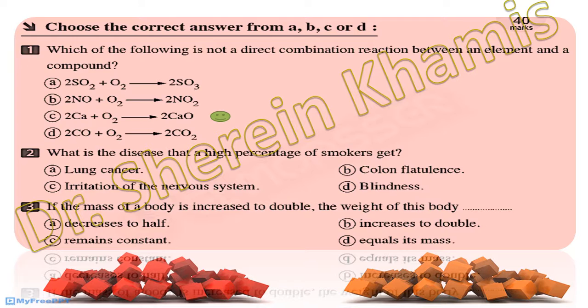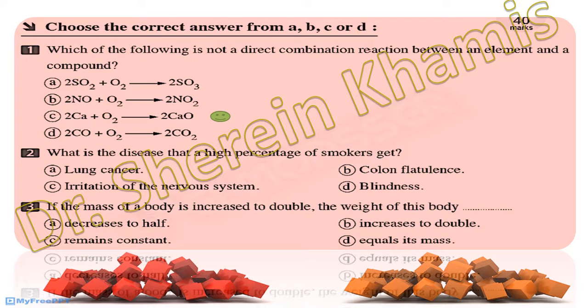Okay, what happened here? We have one that is not a direct combination, so what will the right answer be? The right answer will be letter C, as it is a burning, so it is not a direct combination between an element and a compound.